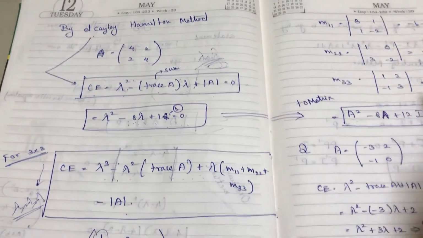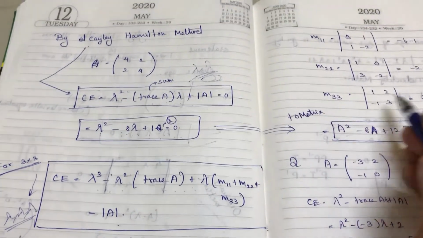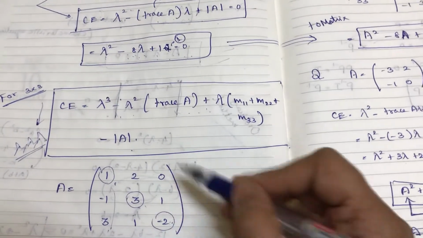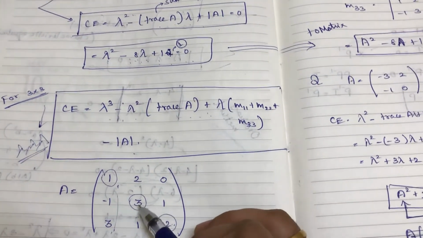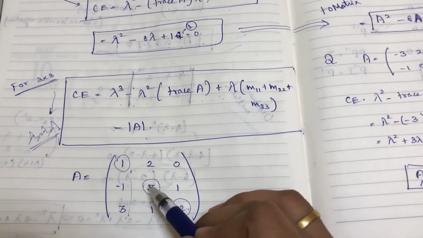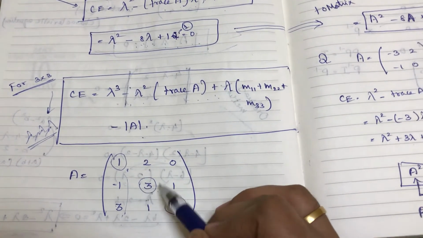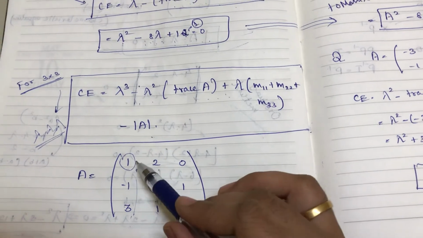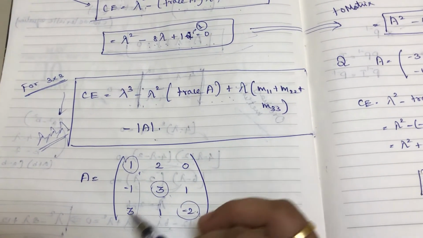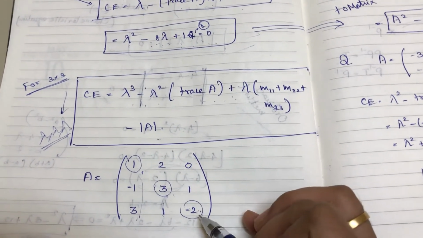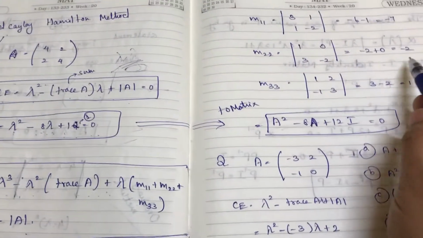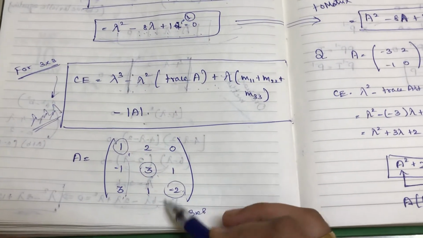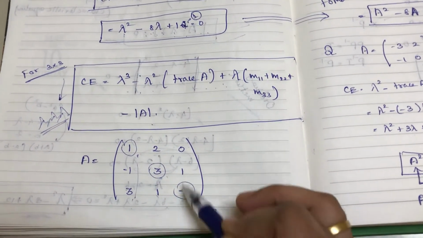This is somewhat a long step. You can do it as a mental calculation here. This is the central element, the second element of the diagonal. By making this row and column invisible, you can see there are 4 elements. So minus 2, this is 0, so just minus 2. And for m33, make this invisible.